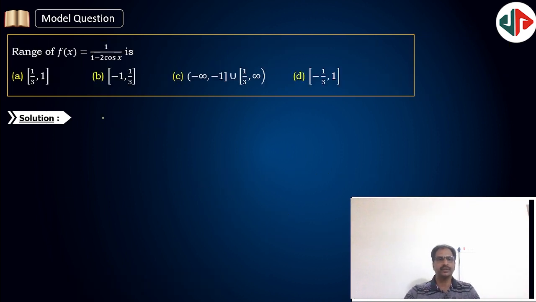Next, range of f of x is equal to 1 by 1 minus 2 cos x. You should listen to this carefully. What is the range of 1 minus 2 cos x? We know that cos x lies between minus 1 and 1. Multiply with 2. If you multiply with a minus sign, the inequality gets changed. Add 1.